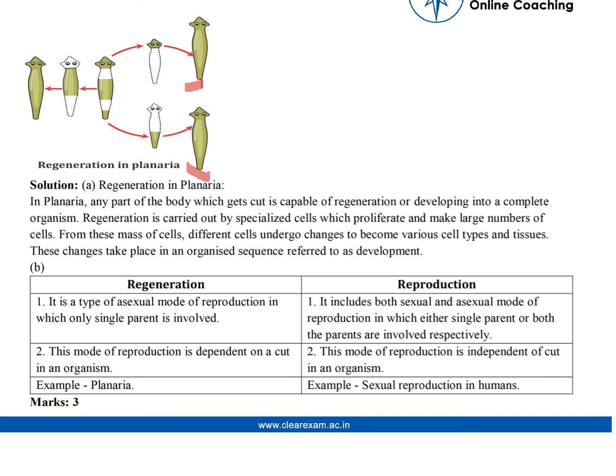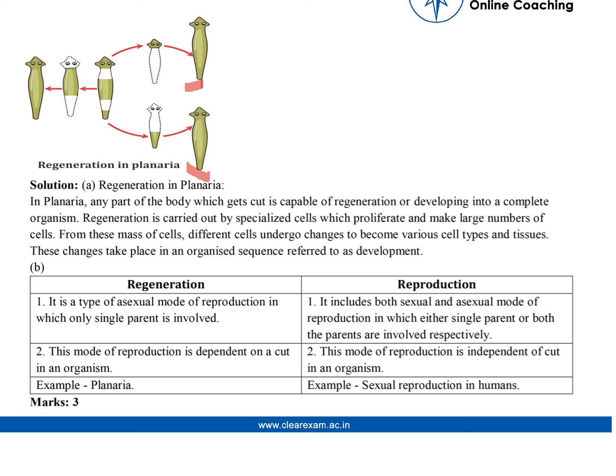Now we'll discuss the difference between regeneration and reproduction. Regeneration is a kind of asexual mode of reproduction in which only one single parent is involved, whereas reproduction can be both sexual and asexual mode, in which either a single parent or both parents are involved.